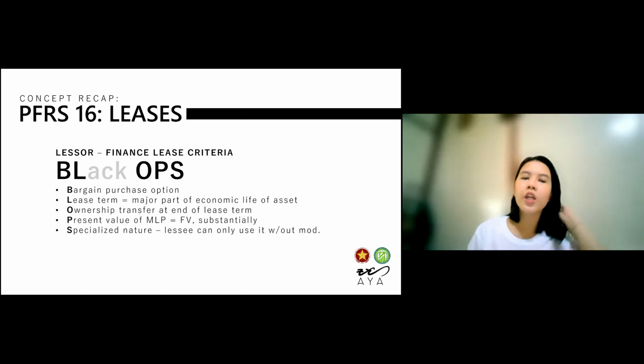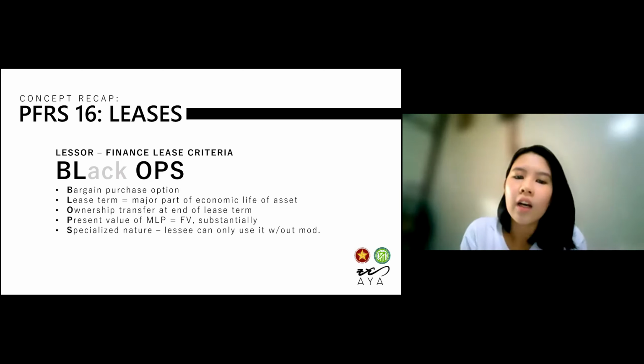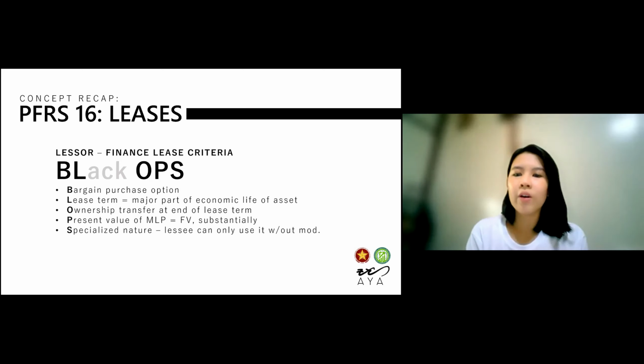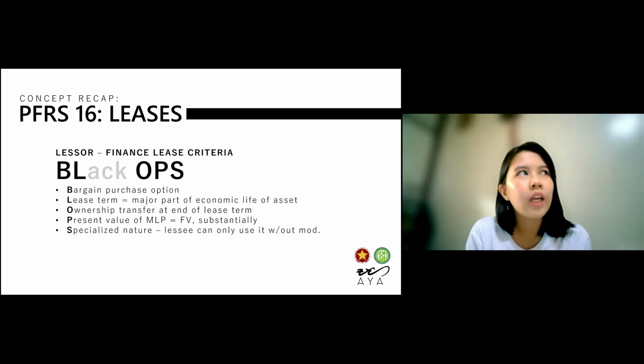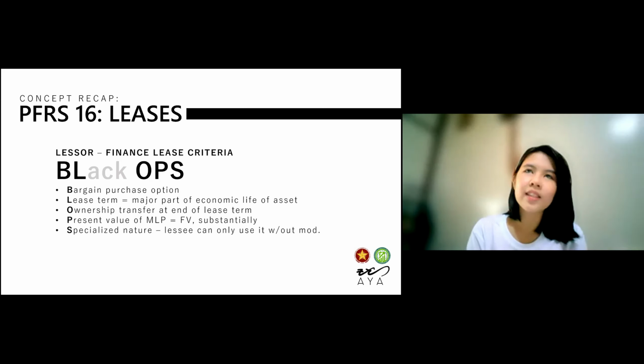Okay, so lastly, specialized nature ng right of use asset. Si lessee lang yung makakagamit nun, diba? Without any substantial modification. So, ano bang examples ito? For example, lease ng mga equipments na ginagamit sa paggawa ng aviation or mga airplanes, di ba?